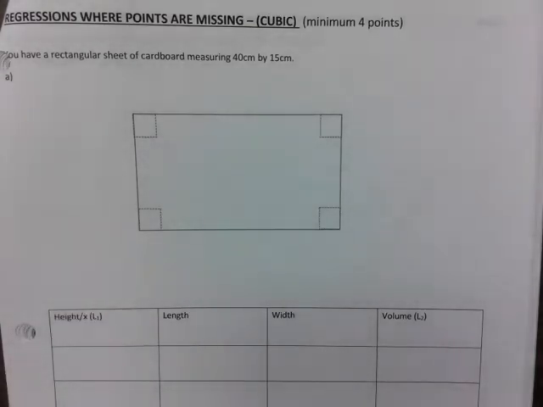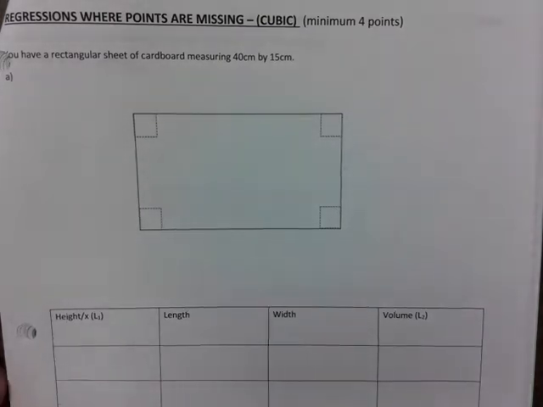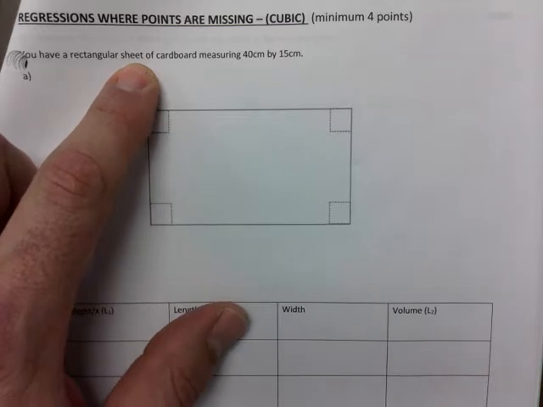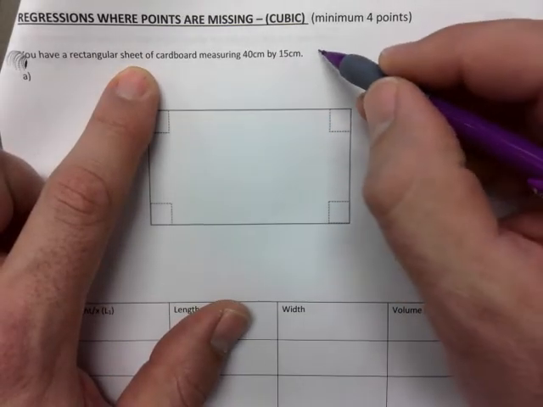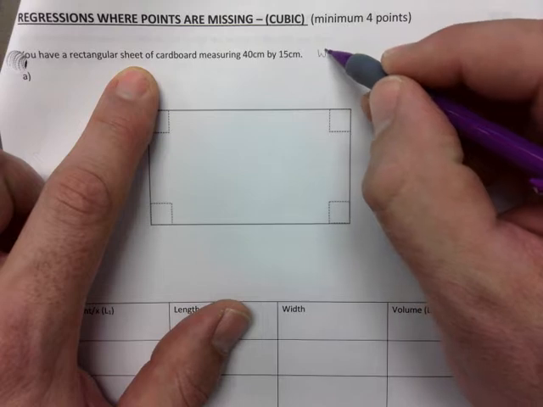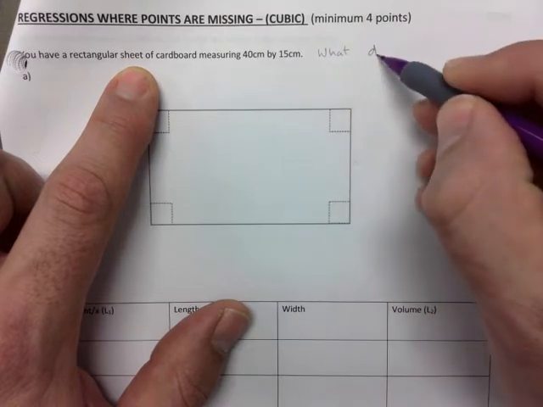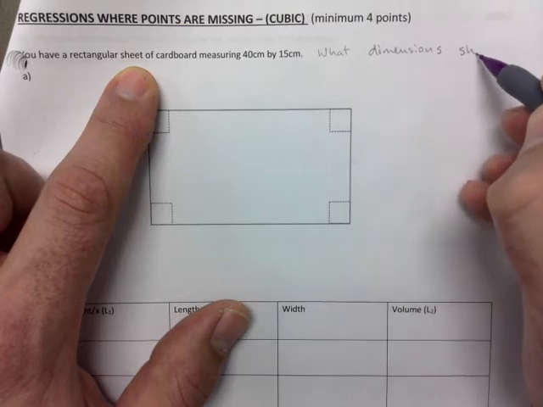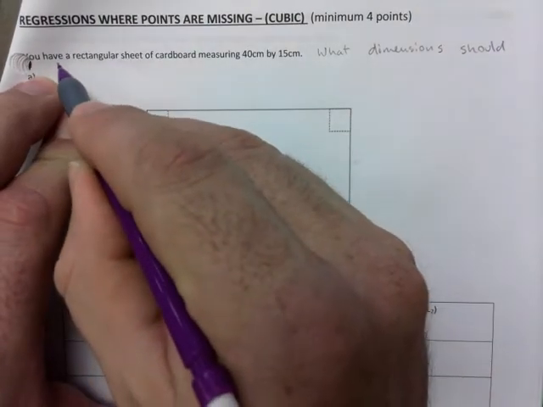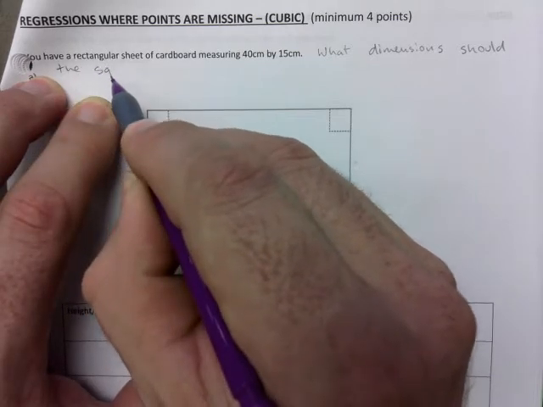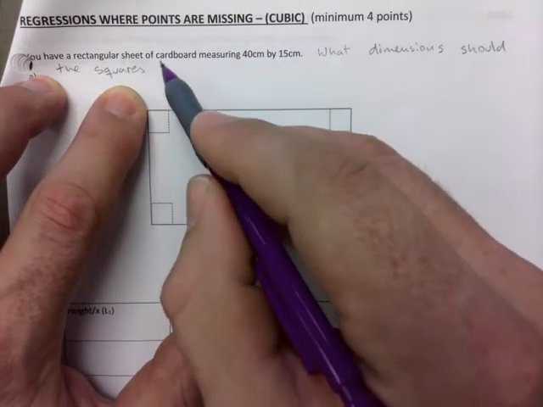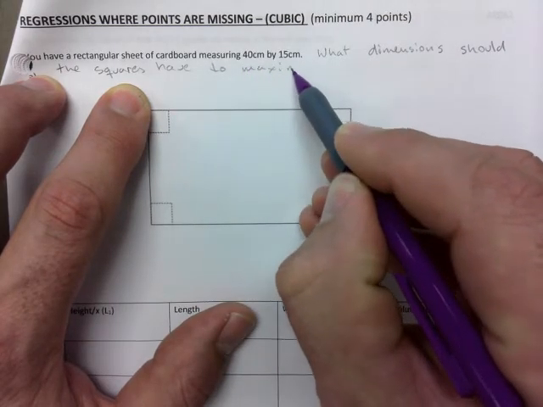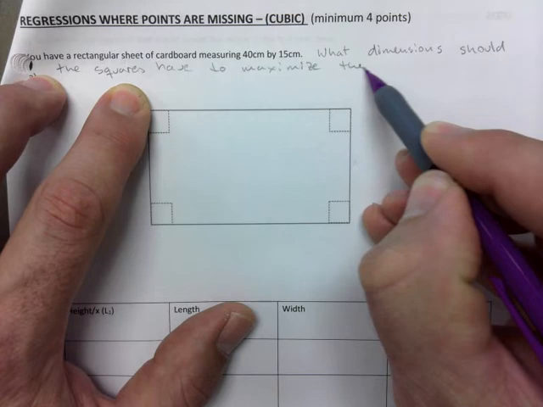So anyways, you have a rectangular sheet of cardboard. What dimensions should the squares have to maximize the volume?